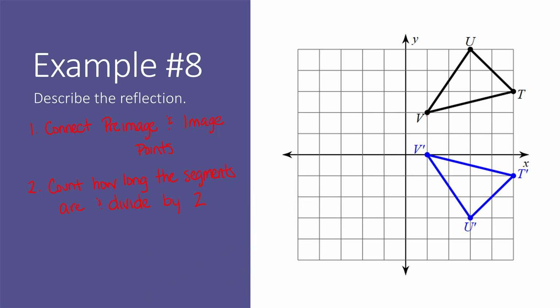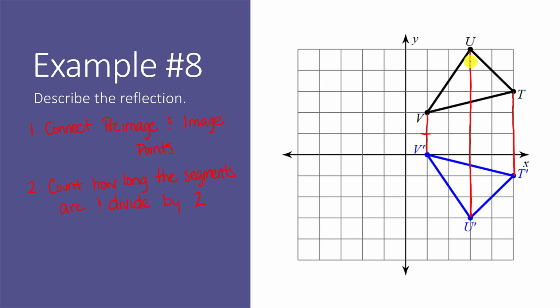Alright, so the first thing is we need to draw these segments in. V to V prime, U and U prime, T and T prime. And then step 2 is count how long these are and divide that by 2. So V prime is 1, 2 boxes. So half of that would be 1.